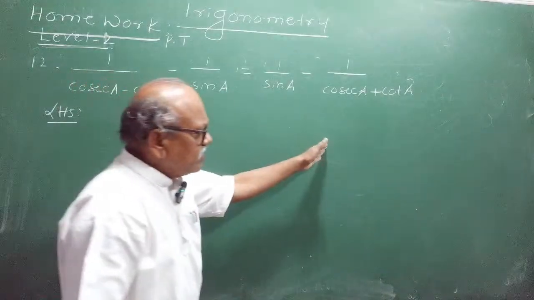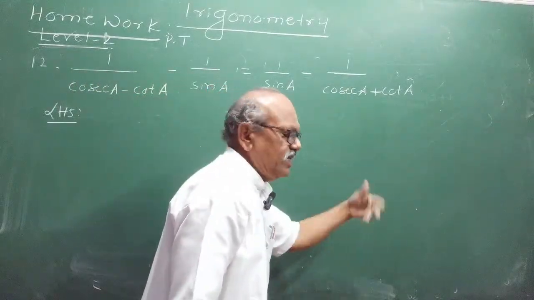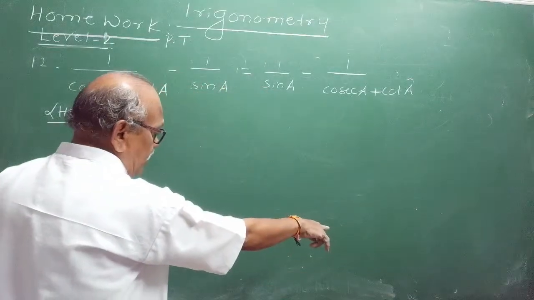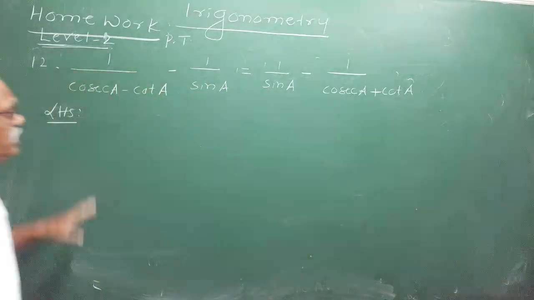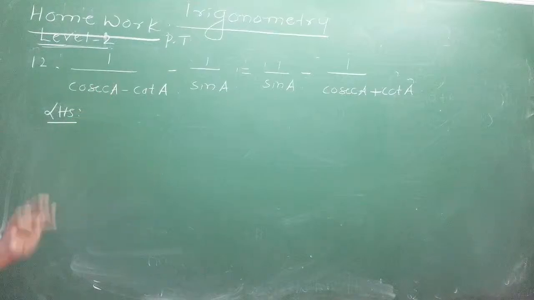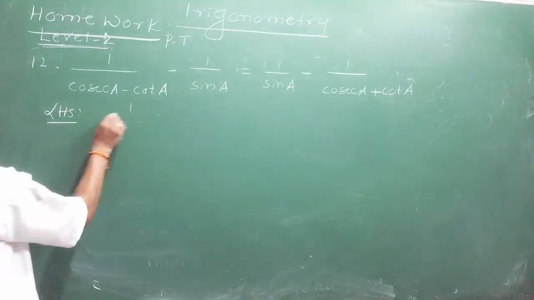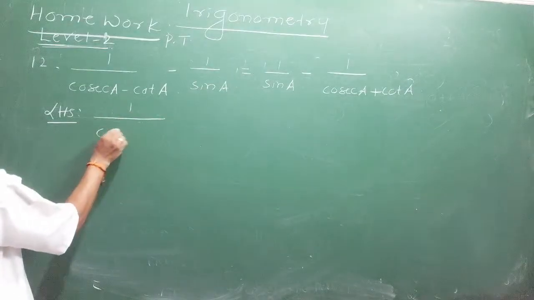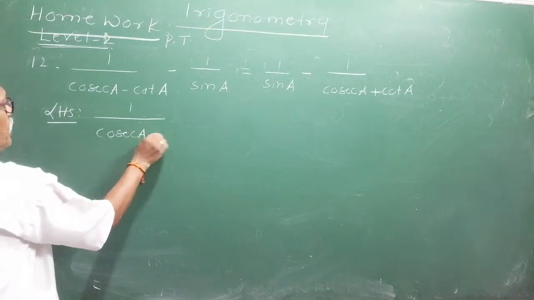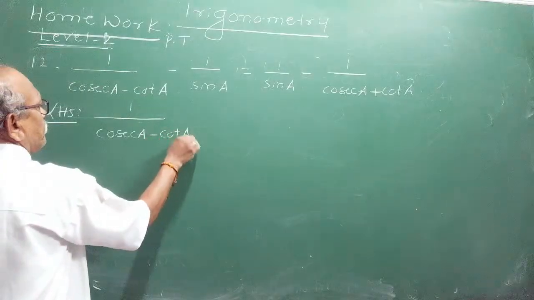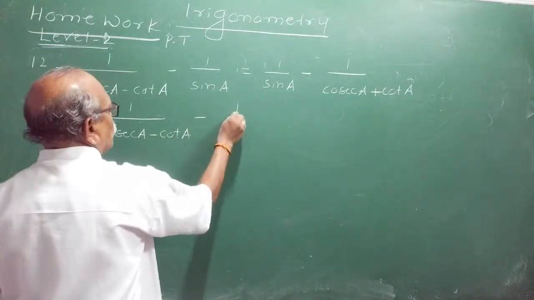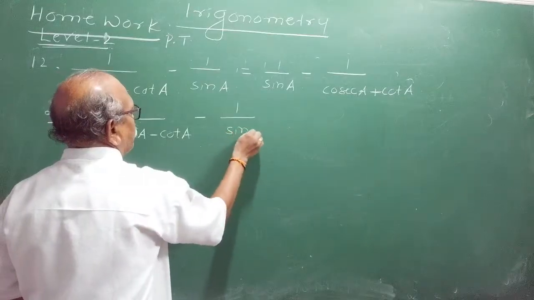Then you take RHS, arrive at a particular stage and stop it. If both LHS and RHS come out to be the same answer, then you can say that LHS is equal to RHS. This is another way of proving the results. Let us take LHS. You have 1 upon cosec A minus cot A minus 1 upon sin A.